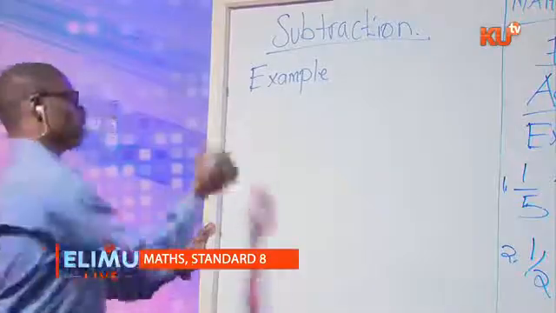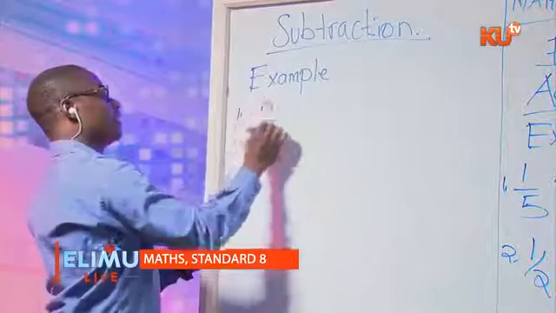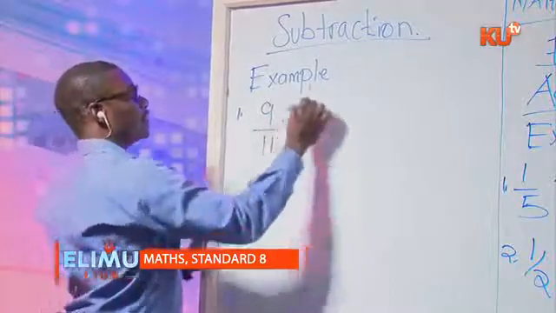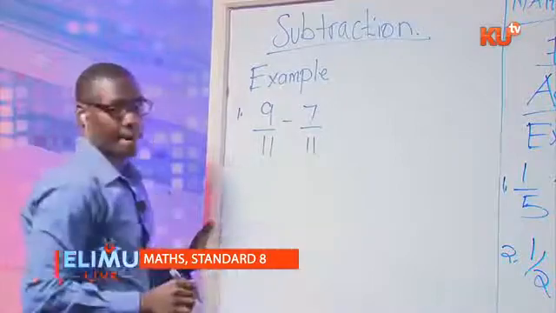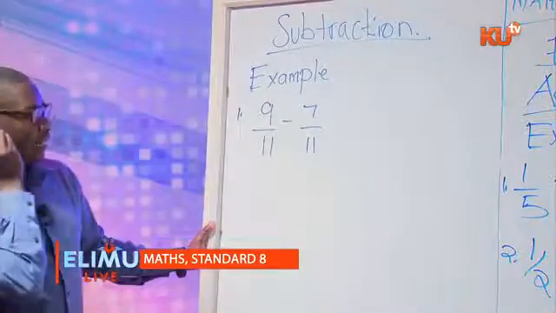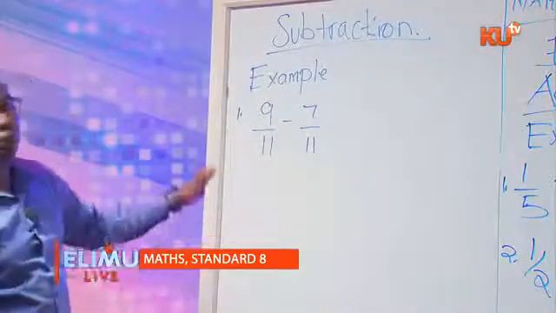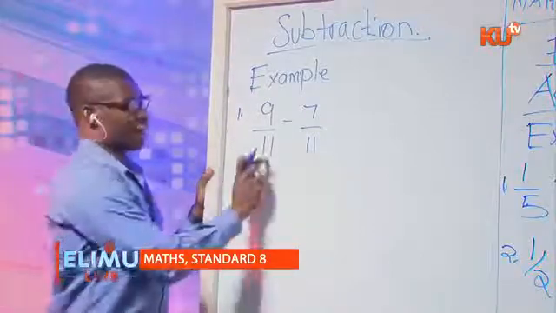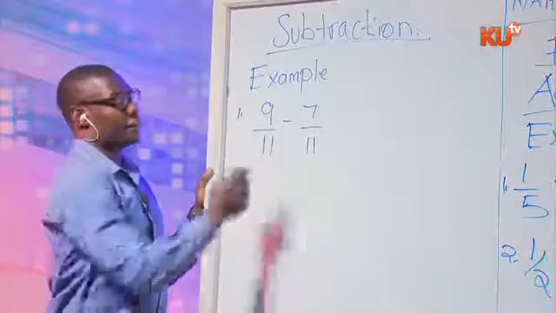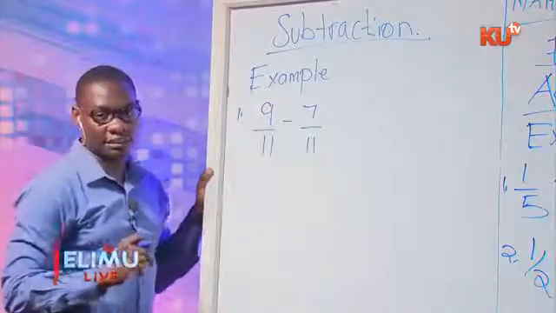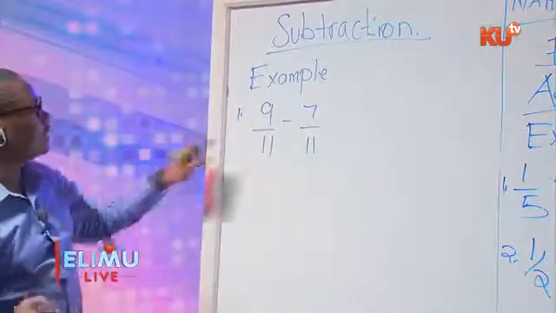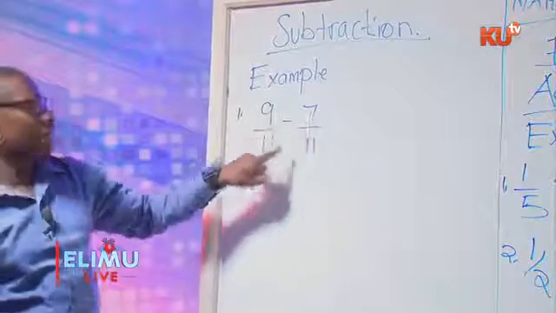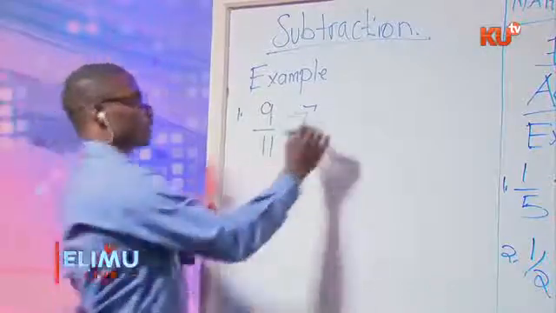For example, we can have 9 over 11 take away 7 over 11. When you look at our example here, you realize the denominators are the same. We have 11 and 11. Then the numerators are the ones that are different. In this case, you only subtract the numerators and retain the denominator.